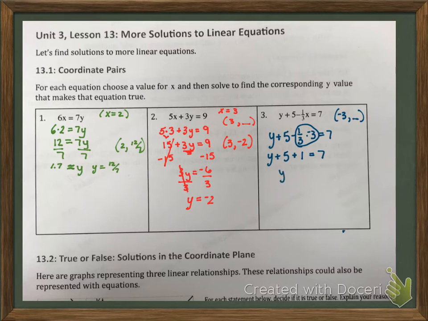And then that would give us y plus 6 equals 7. I'd like you to finish that up and solve for y and enter your answer on Edpuzzle. And you should have subtracted 6 from both sides and get y is equal to 1. So the ordered pair would be negative 3, 1.